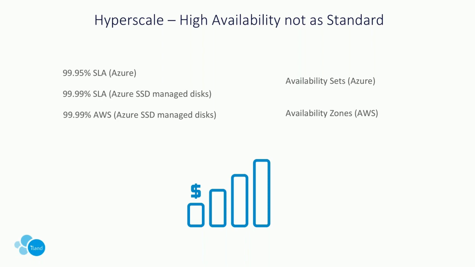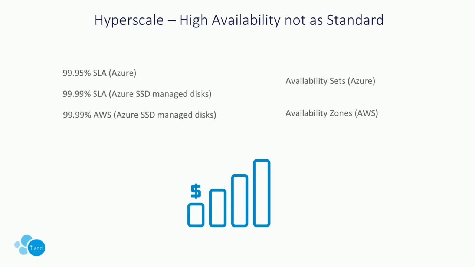These are limited in some instances, so they're not able to work on every workload, and there are some size limitations to the SSD disks. But even if you are looking at that, you are looking at a number of minutes of downtime per month, with the 99.95 being 22 minutes of downtime per month.